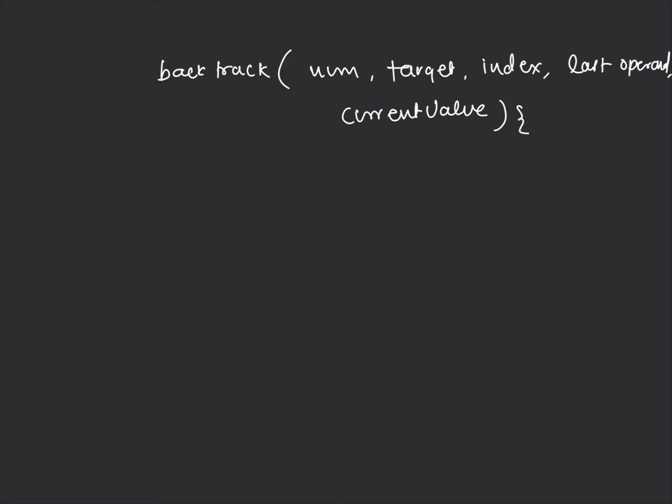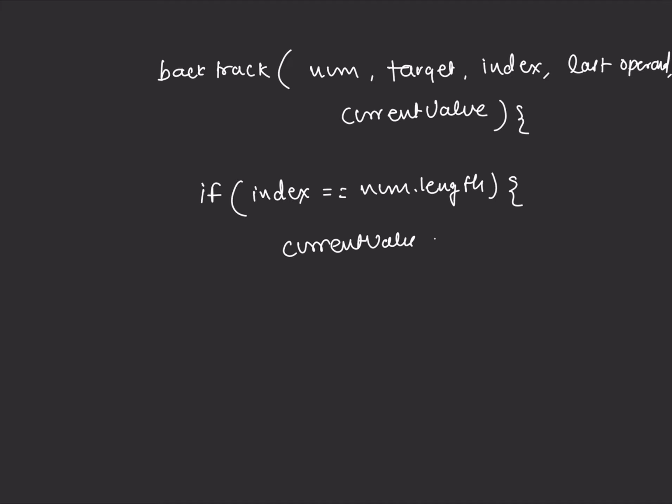First the base condition: if index is equal to num dot length, it means we have reached the leaf node. Then check if the current value matches the target, then return 1 to increase the count, otherwise 0.